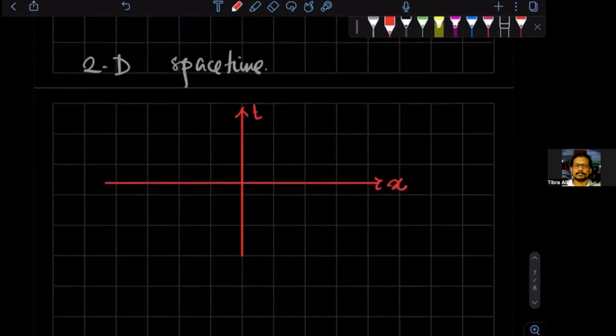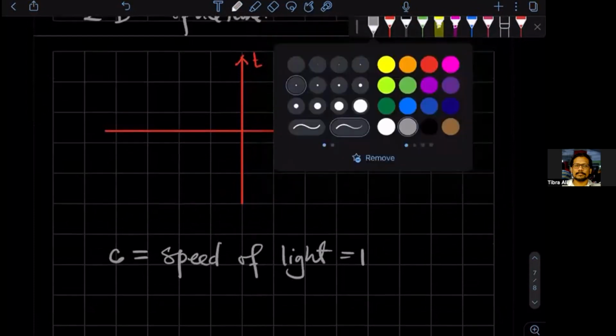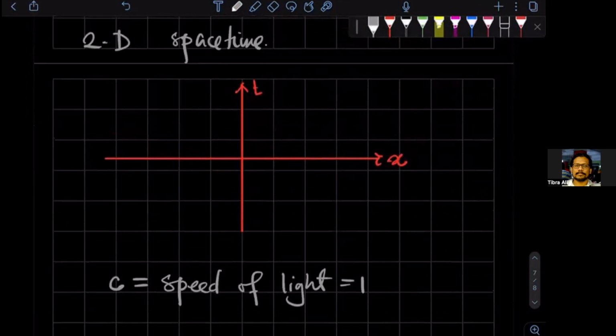Okay, and one thing we will do is that we will set c, the speed of light, to be 1. That means that we will measure all speed relative to the speed of light. Okay. Now, take 2 points in the space-time. Suppose this is point number 1, this is point number 2.